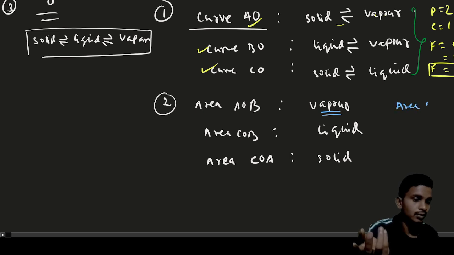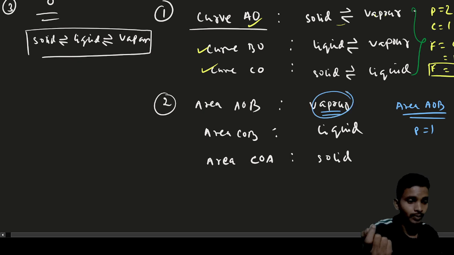For the area AOB, I'm calculating. In this case the number of phases P is 1, because only vapor is present, and the number of components is 1. Since no equilibrium is there, the condition R is cancelled, so C equals S. Species is one, so component is one.